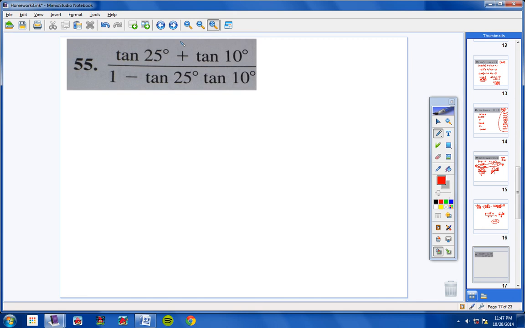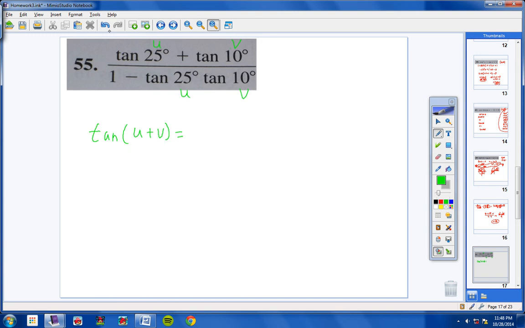If you'll notice, this is one of your sum and difference identities, okay? And this would be a u, this would be your v, this would be your u, and this would be your v. And what you would have is this. If you'll look at your trig identity sheet, you'll see that you have tangent of u plus v, because tangent of u plus v equals this right here.